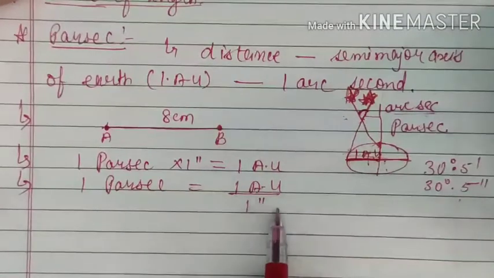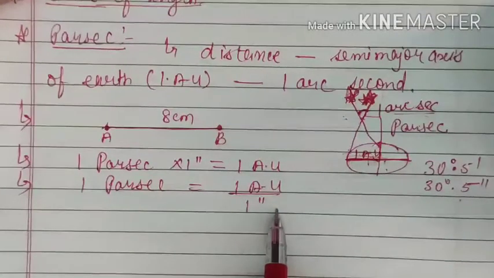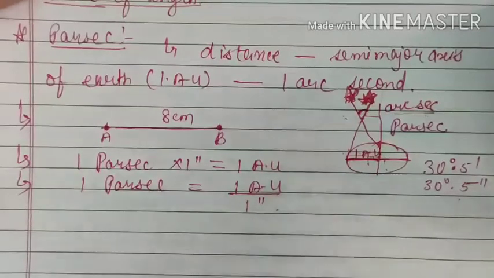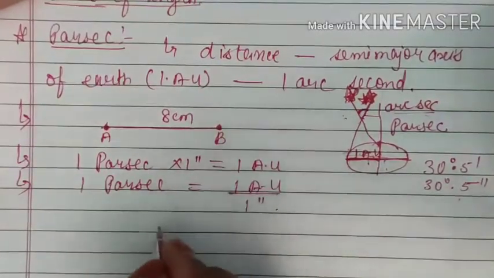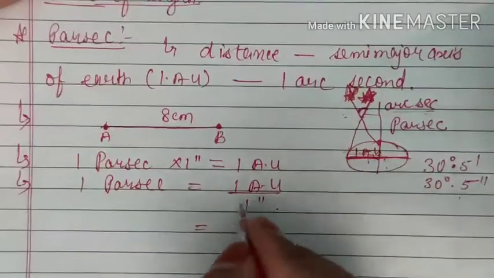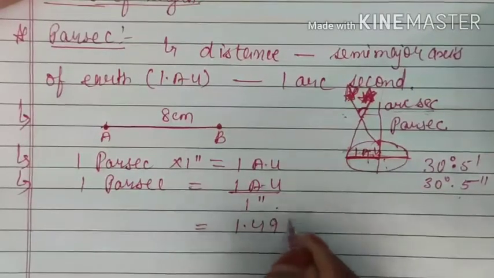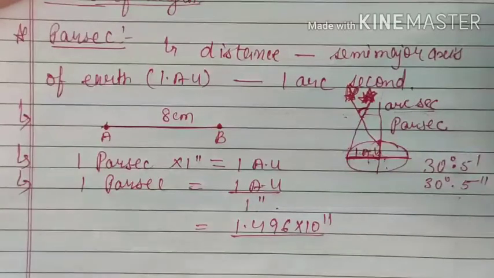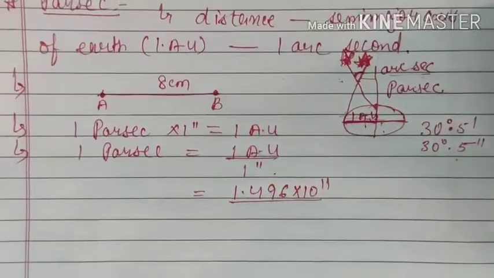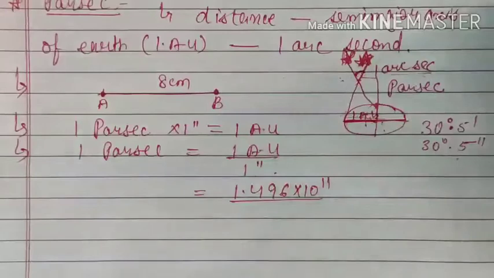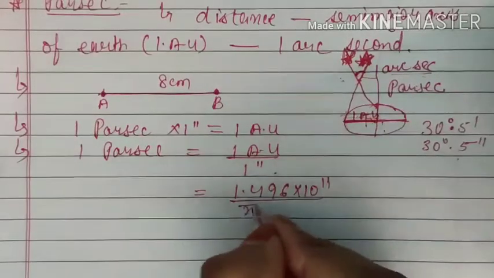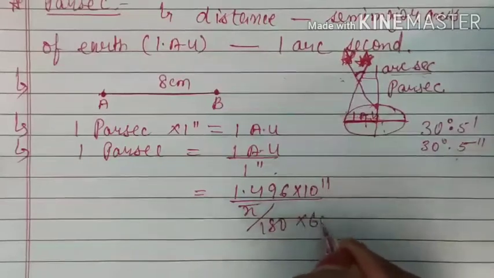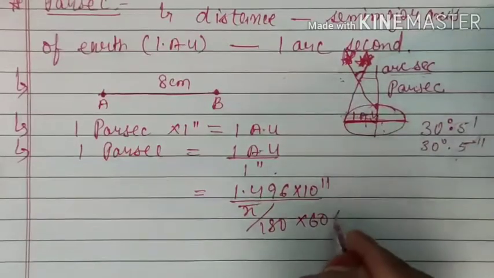Now the value of 1 astronomical unit we have already learned, that is 1.496 into 10 raised to power 11 meter. And for 1 second, you can write down numerical values. If we want the angle, first we have to convert our degree into radian, which you have learned in your maths, then we have a minute, and then still smaller, that is second.